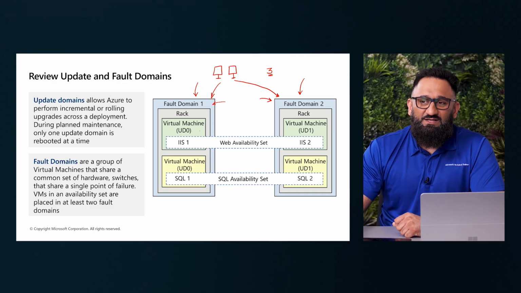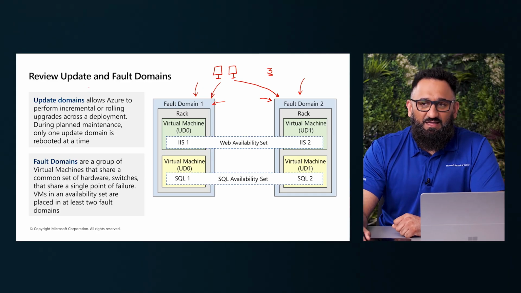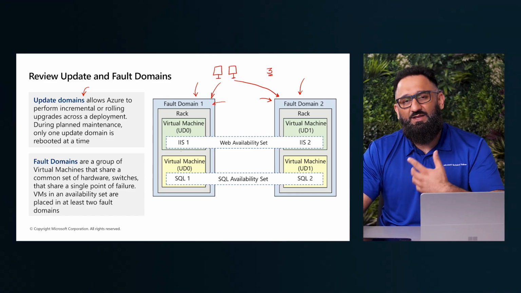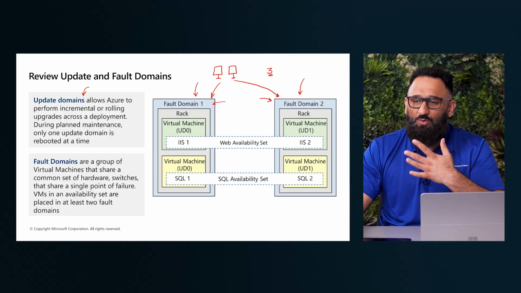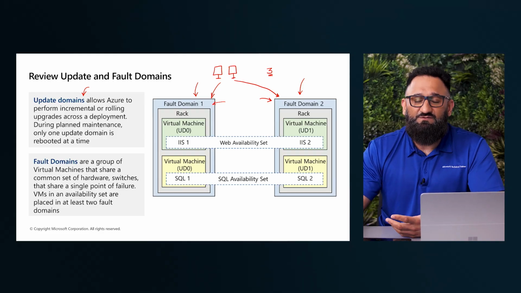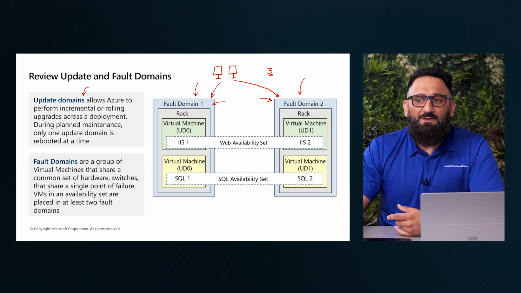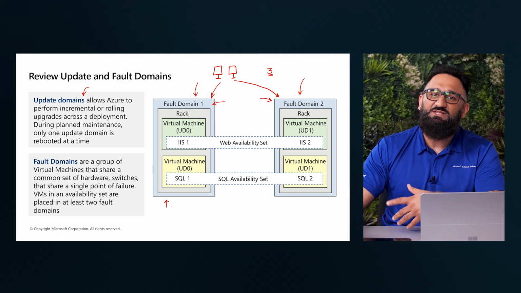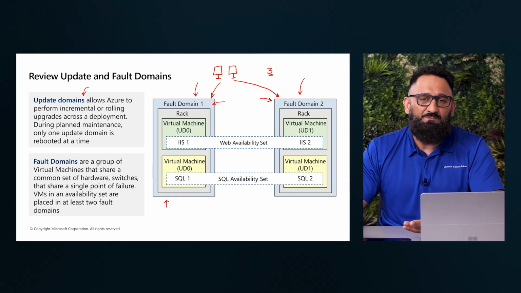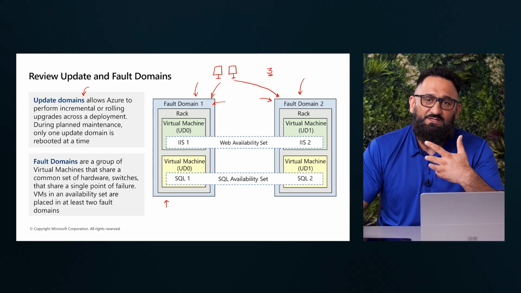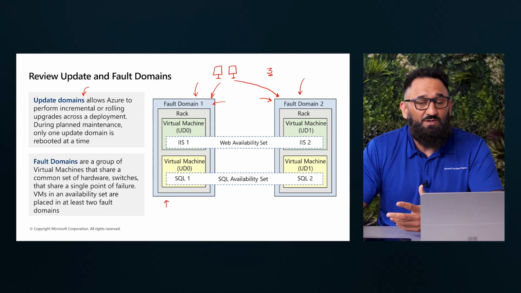Now, if I consider bringing in the second option that I have on the screen, which refers to an update domain, you can imagine if we are looking at planned maintenance for resources that are in our data centers in a region, within a rack we might not just want to switch an entire rack down and do the maintenance to it. Are these to do with physical changes, hardware level changes, or software level changes?